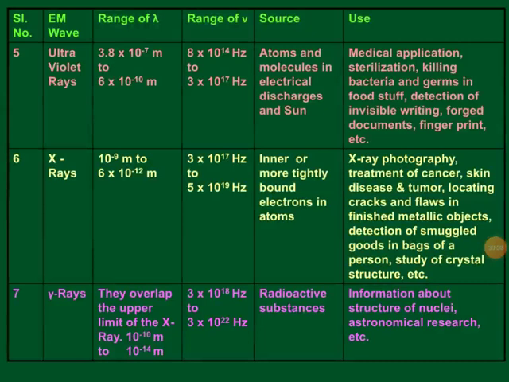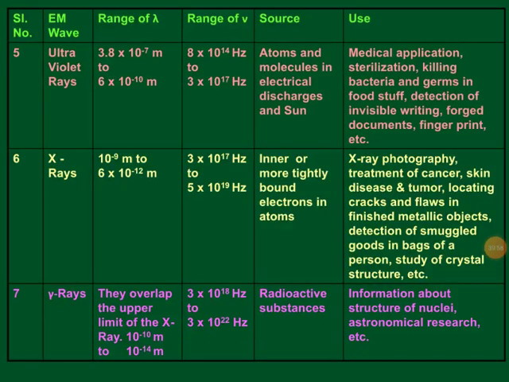So these are about ultraviolet rays, then X-rays, then your gamma rays. Gamma rays have the least wavelength, and as frequency and wavelength are inversely proportional, gamma rays will have the highest frequency in this electromagnetic spectrum.